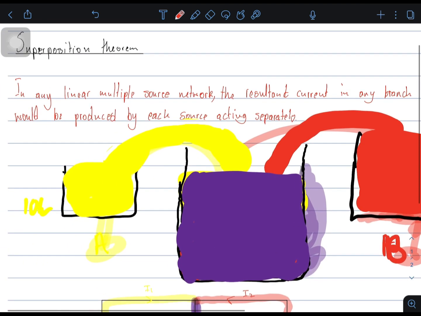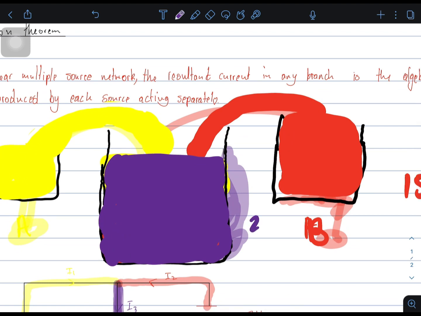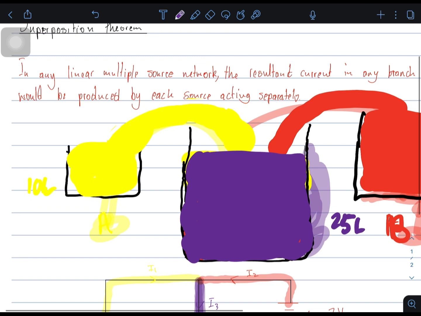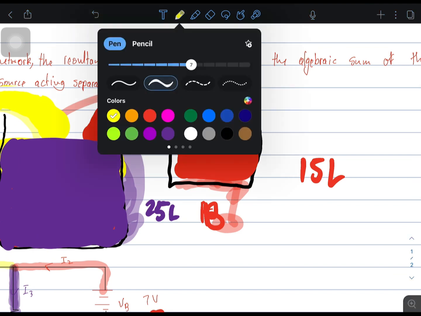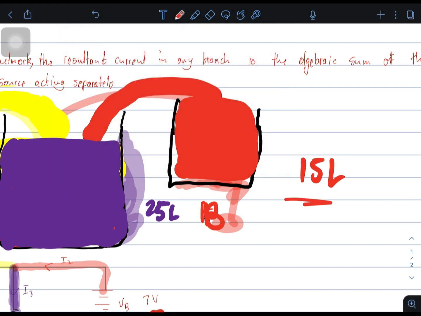If I know how much each tank contributed, I can calculate the resultant, which is going to be 25 liters: 10 liters coming from the yellow tank and 15 liters coming from the red tank.